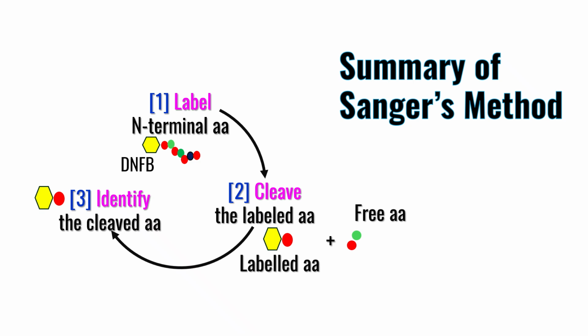And since the peptide has been completely hydrolyzed, it cannot be reused. It means the amount of protein required is much higher, in the range of milligram to gram quantity. Second, the technique is not very sensitive. The other thing is that only the first amino acid is identified in each fragment in this method.